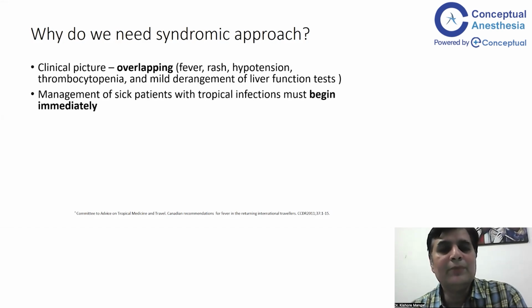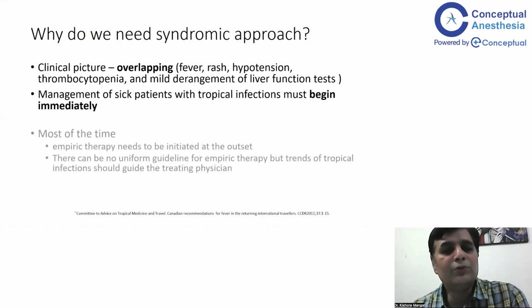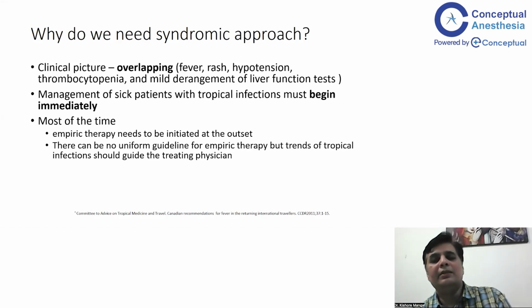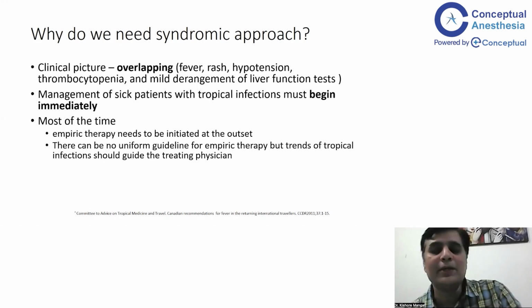Management of all these patients with tropical infections must begin immediately, and most of the time empirical therapy needs to be initiated at the outset. Although there are no uniform guidelines, in 2014 a guideline was published by ISCCM, which has been a cornerstone for managing all these patients throughout the world.